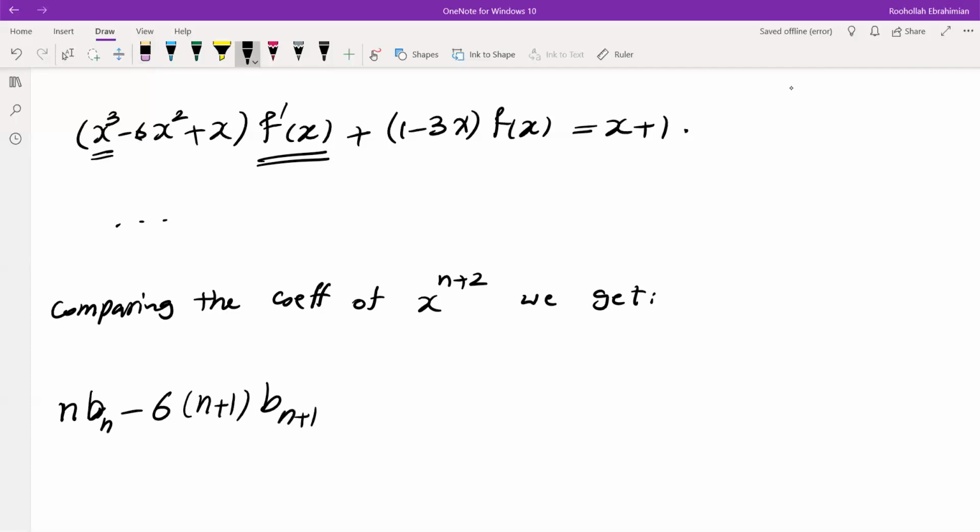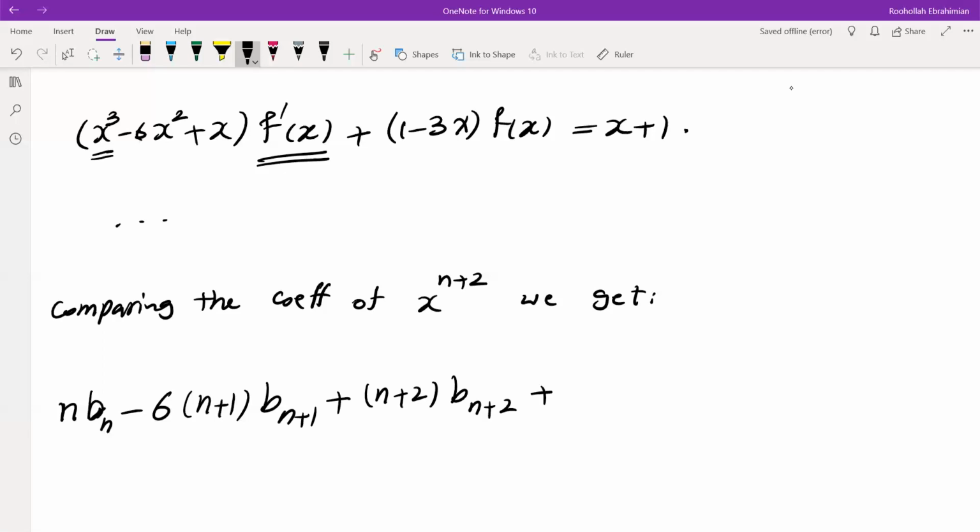And then the next term, for the coefficient of x to the power of n plus 2, you would have to look at the term with x to the power of n plus 1, which would be bn plus 2. So it would be n plus 2, bn plus 2.